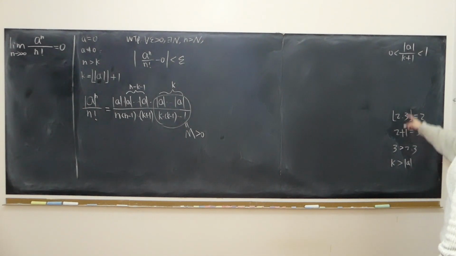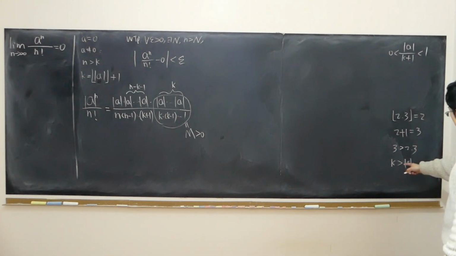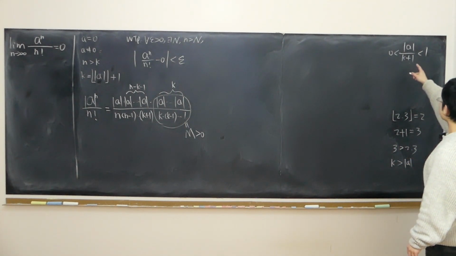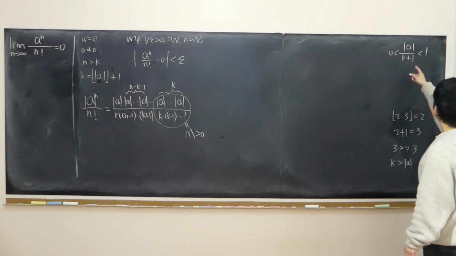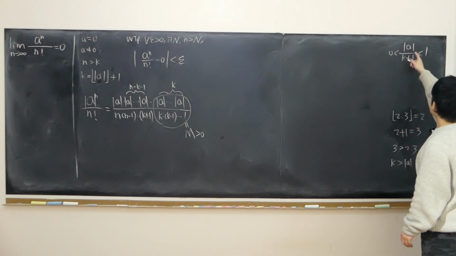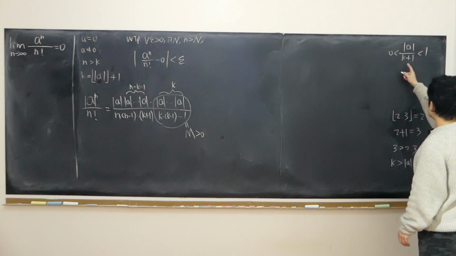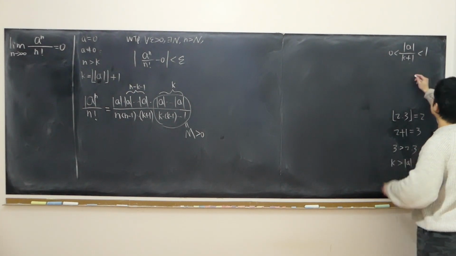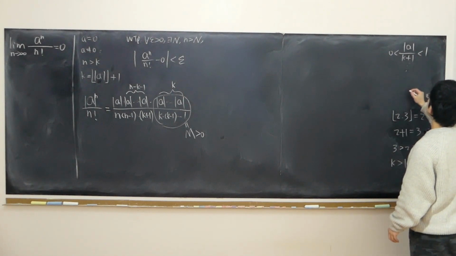And here, I have k plus 1 is even larger than absolute value of a, of course. So therefore, the smaller number over a bigger number, both being positive, of course, is smaller than 1. So on and so forth.